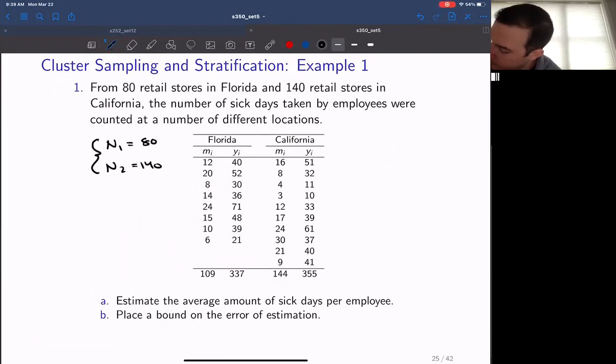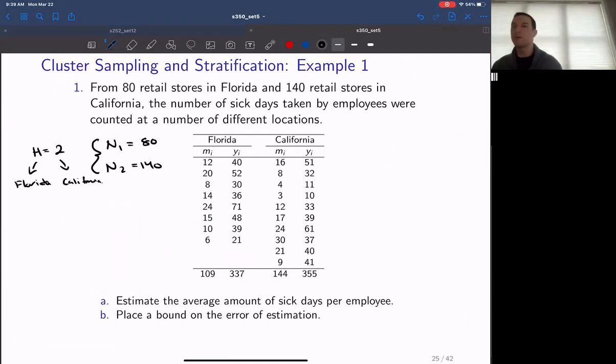This is given that H is equal to 2, Florida and California. So we have 2 strata, which are the regions, the states. Within strata 1, we have 80 clusters that are possible, and within strata 2, we have 140 clusters that are possible.